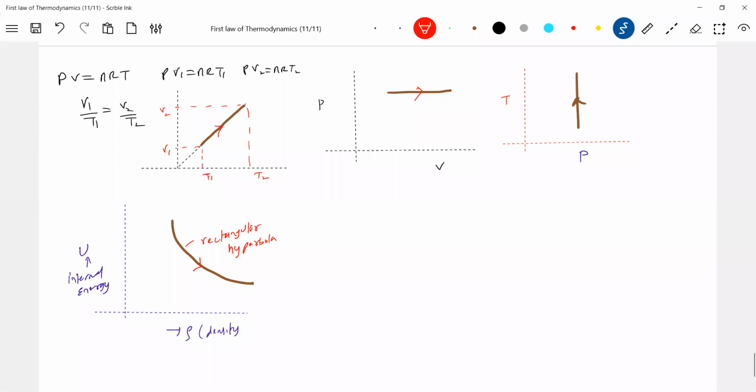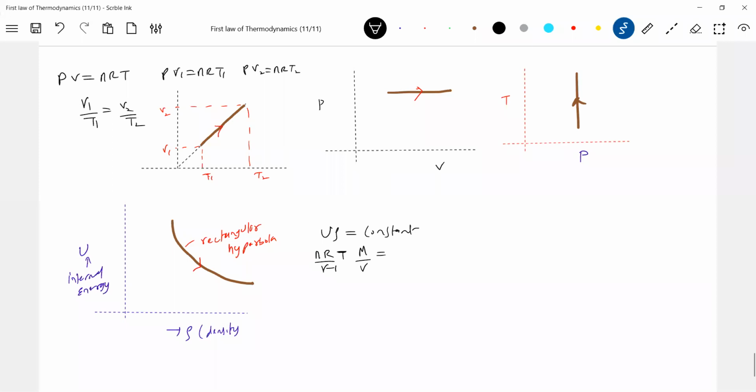So now you can say rectangular hyperbola will be isobaric process. So let's do one thing. Let's take the help of mathematics. Internal energy depends on temperature, no? So shall we write nR by gamma minus 1 times T? What is the density? Density equal to mass by volume, mass of gas by volume.